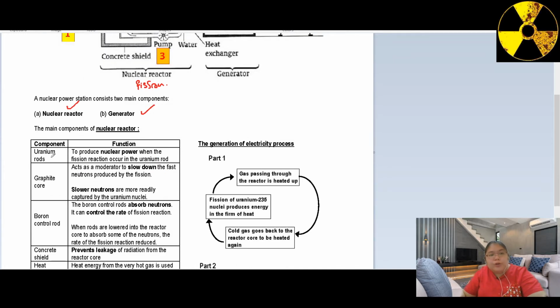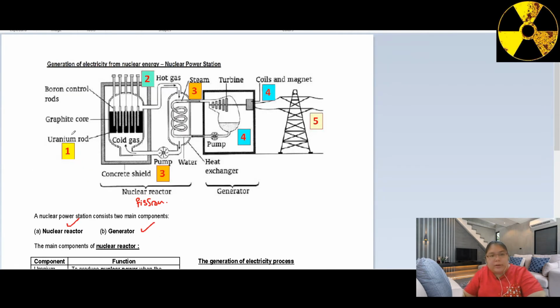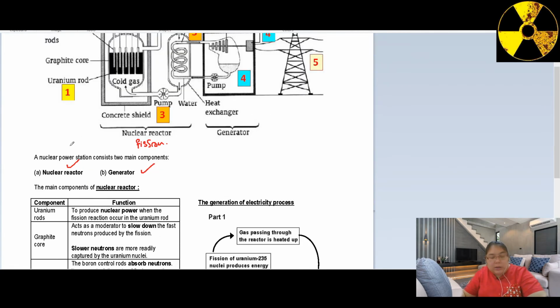Uranium rod. Find uranium rod. The first one, number 1, the dark color one. This one is to produce the nuclear power. When the fission, fission, we never use fusion, fission. Reaction occurs in the uranium rod.